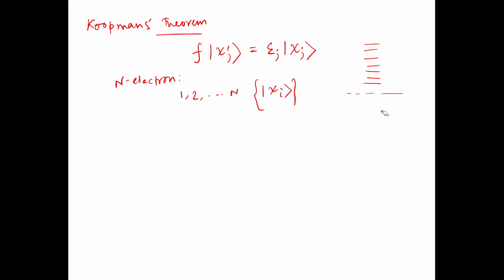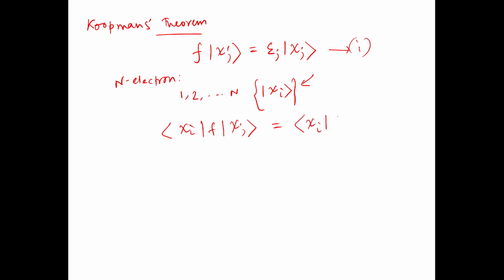And as your Fock operator is a Hermitian matrix, that means the orbitals chi are orthonormal. So from equation 1, if you left-project with chi_i, you have chi_i F chi_j equals chi_i epsilon_j chi_j.